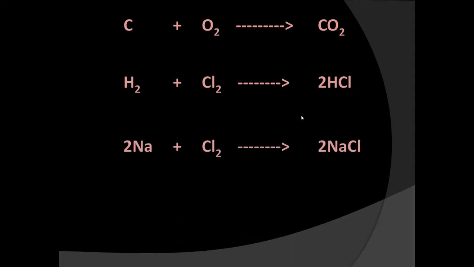Take one more example. Sodium combines with chlorine and gives rise to sodium chloride. Take one more example. Iron combines with sulfur and gives rise to iron sulfide. Here, calcium oxide is a compound.